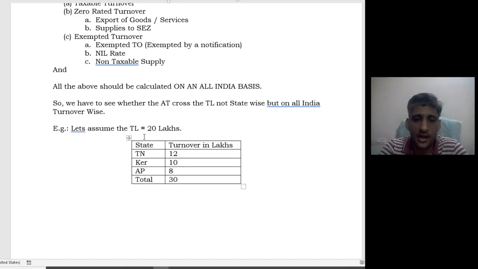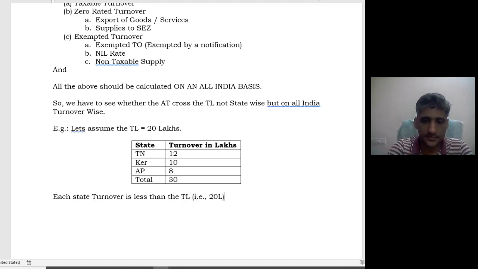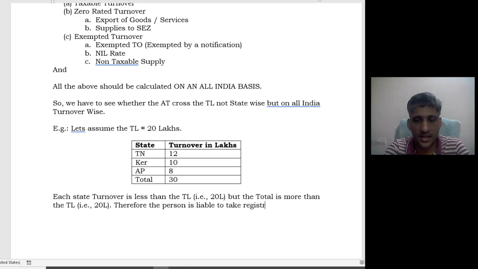Now if you see here, each state turnover is less than the threshold limit, that is 20 lakhs, but the total is more than the threshold limit of 20 lakhs. Therefore the person is liable to take registration.